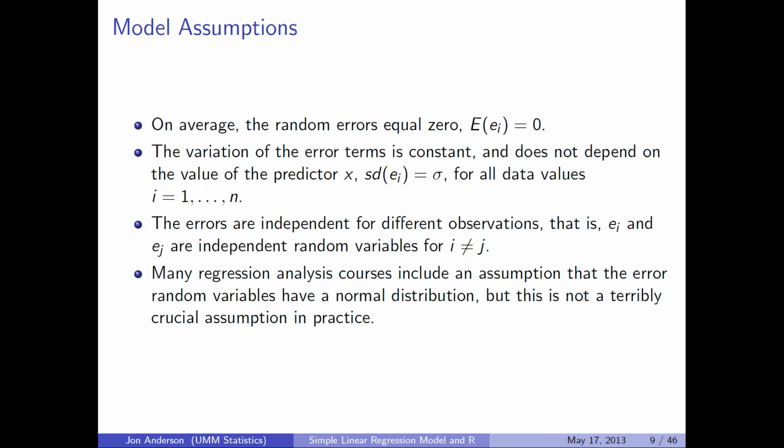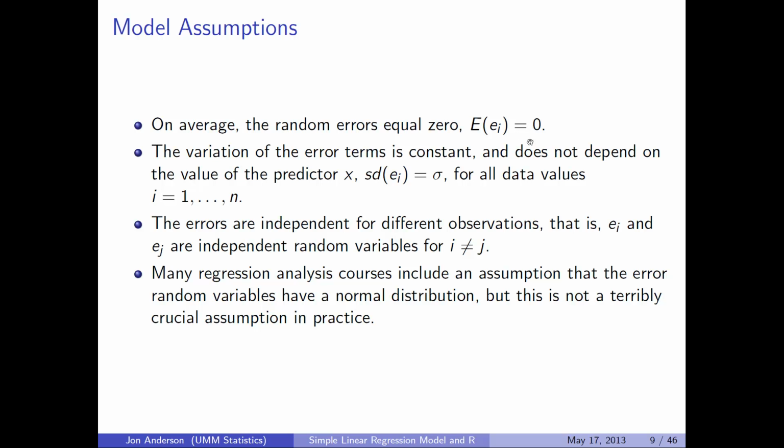Here are the model assumptions. This is a very crucial part of the course to understand what this data creation system assumptions are and what simplifications we're making. The first bullet says that our randomness components are assumed to be random and on average take on the value of 0.